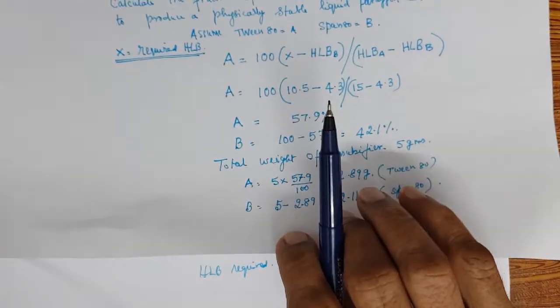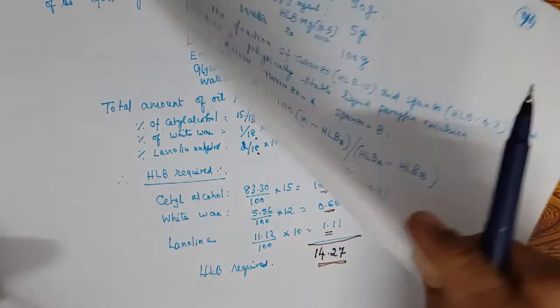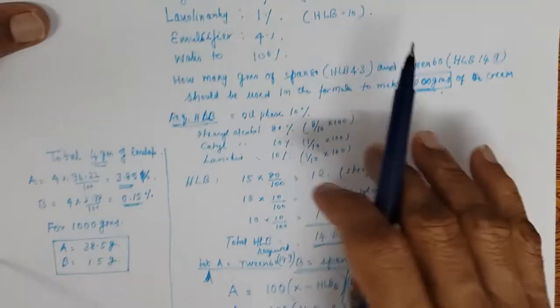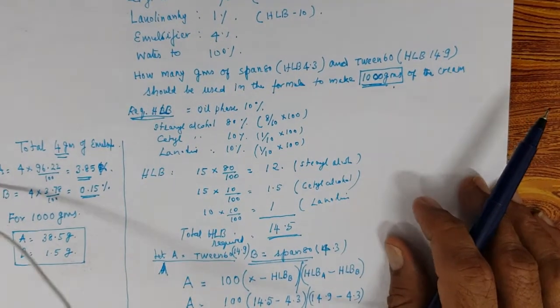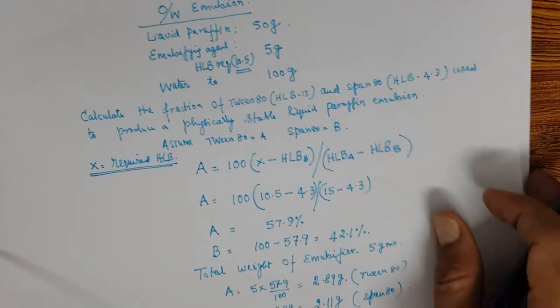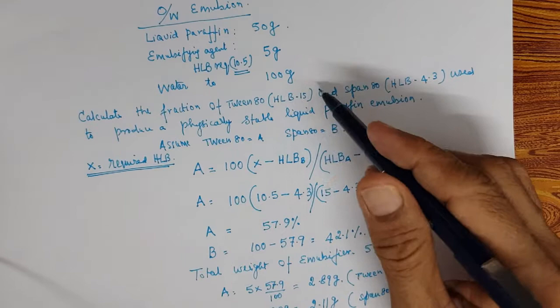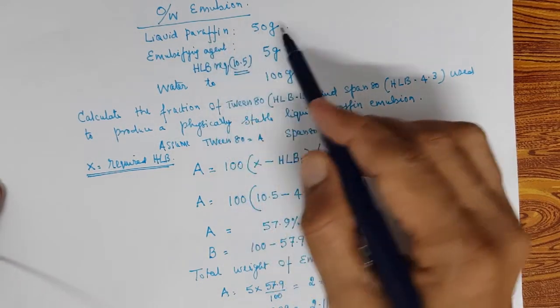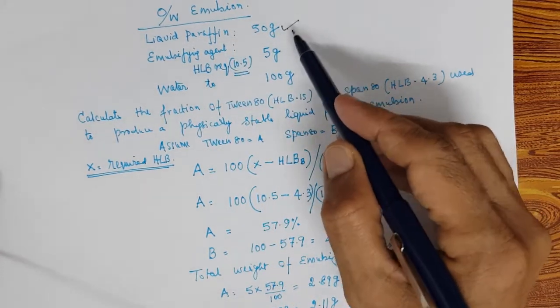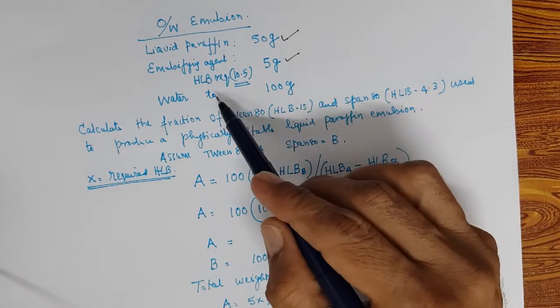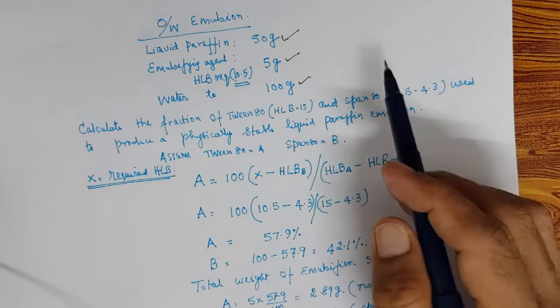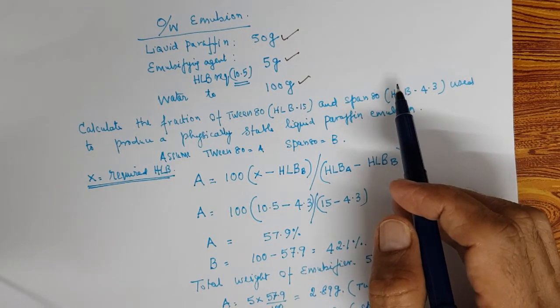Now, I have put another thing here. Before going to this, we will do this. See, I have an emulsion: liquid paraffin 50 grams, emulsifying agents 5 grams, water to 100 grams, a simple emulsion.